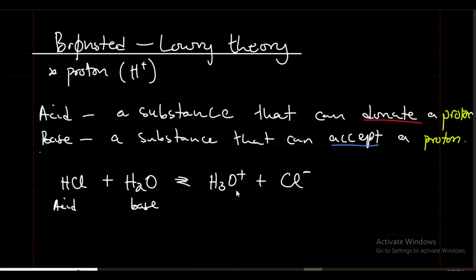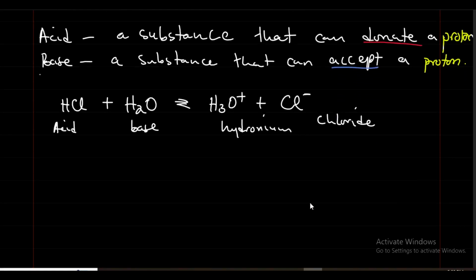Okay, so now here, this is my hydronium ion. Hydronium tells me about the pH of the solution. It tells me that the solution is acidic, because there's hydronium ion now being produced. So this one is a chloride ion.